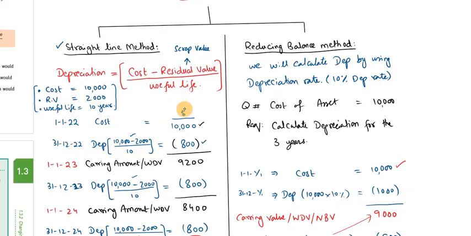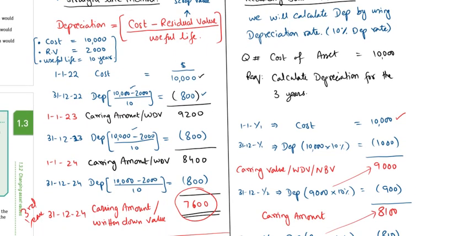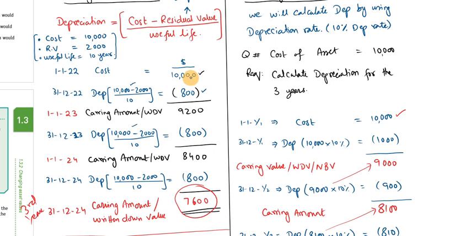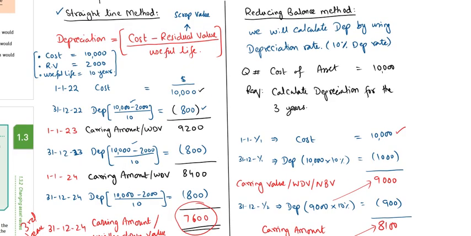For example, if we use an asset of a special nature mostly in the early stage, it means that depreciation at early time will be more than the later depreciation. So the usage of the asset in early time is more than later. So it's better to use the reducing balance method.